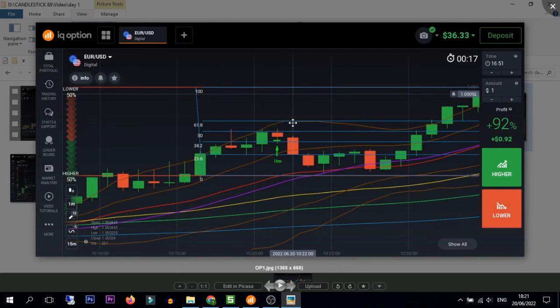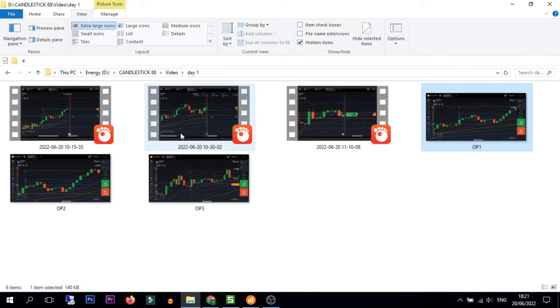Major uptrend, minor uptrend, and this is at the end, with a candle that has an upper and lower shadow. Just pay attention to candles with upper and lower shadows. No matter how big the candle is, it can still be a weak candlestick.